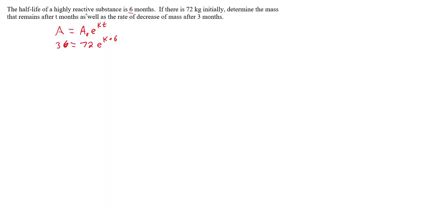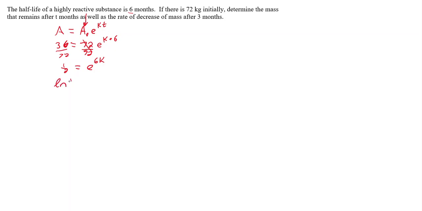You also could have just said that we start with 1 and then you end up with a half, because watch what happens here. I'm going to divide by 72, and then I end up with a half. Same result. So that's equal to e to the power of 6k. Now at this point, I can take the natural log.